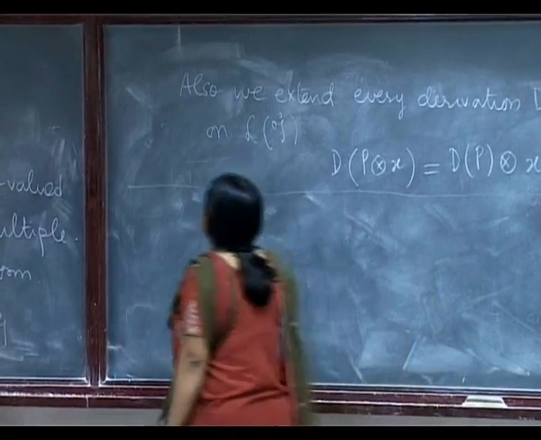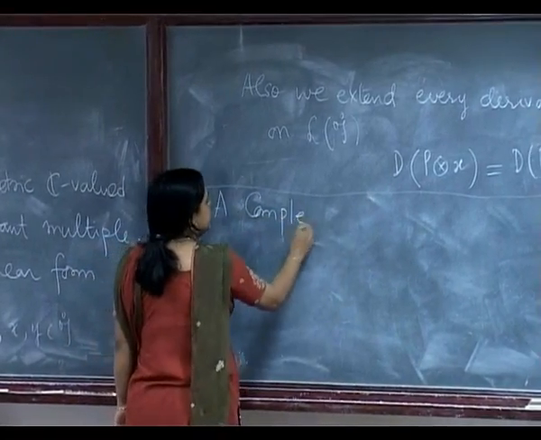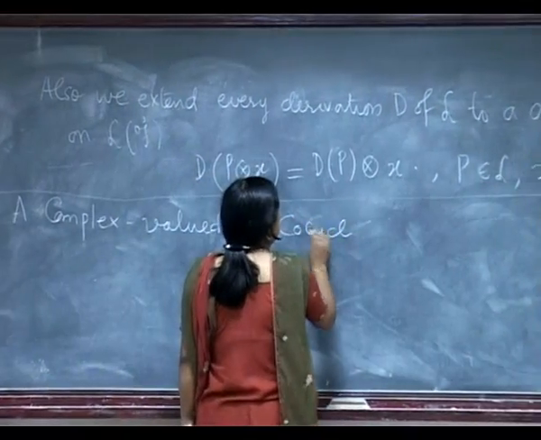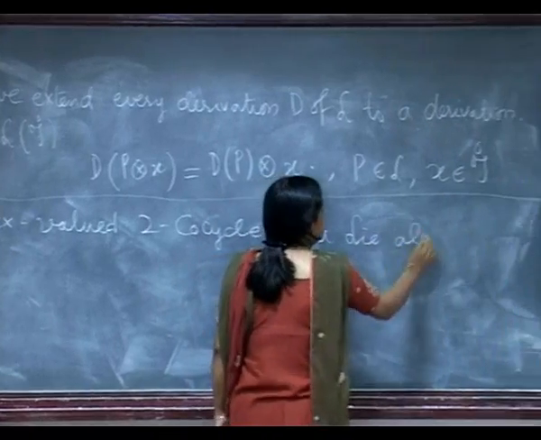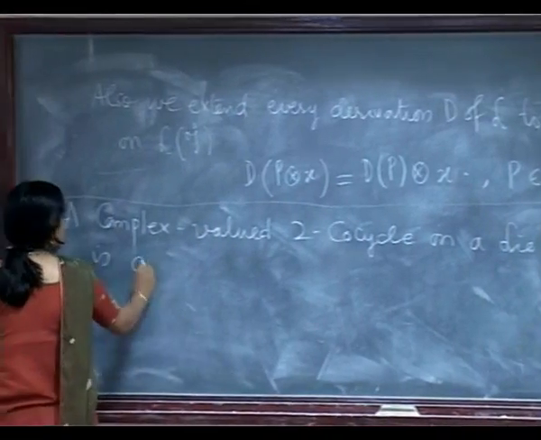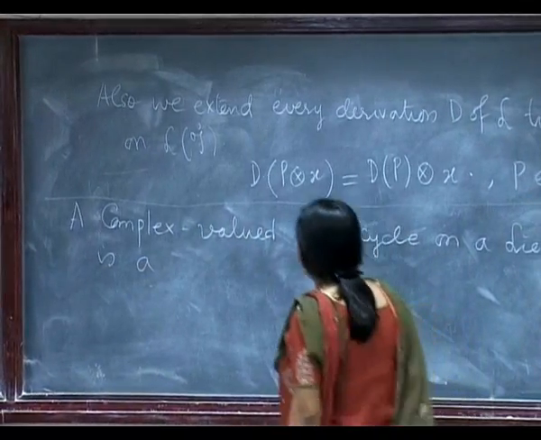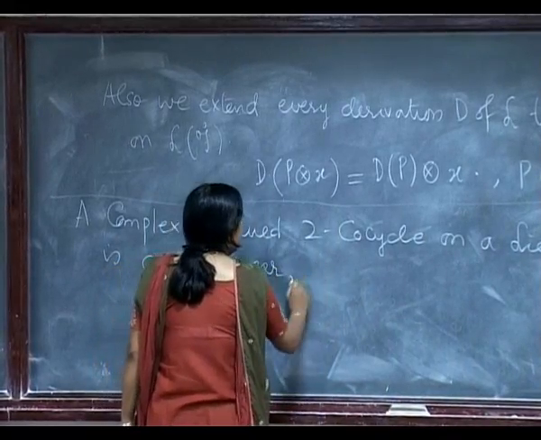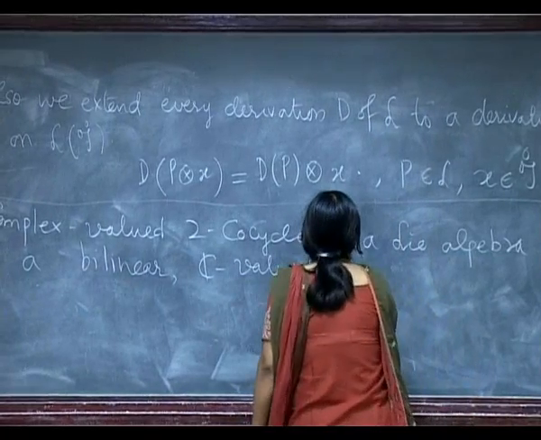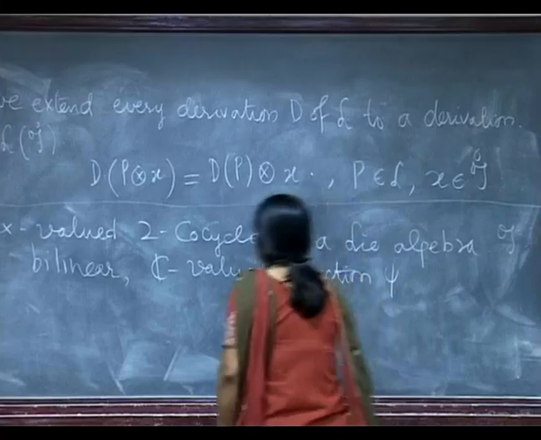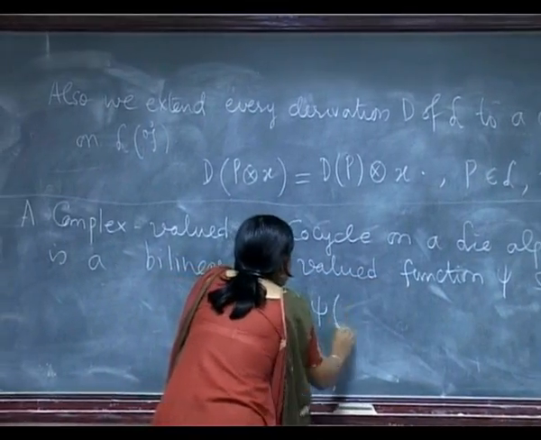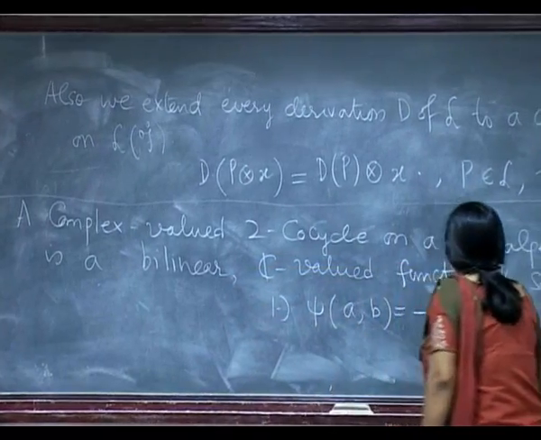Okay, all right. Okay, so a complex valued 2 cocycle on a Lie algebra G is a bilinear complex valued function psi satisfying these two properties. Psi of AB is equal to minus psi of BA.